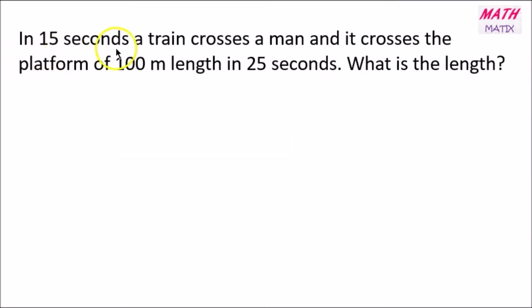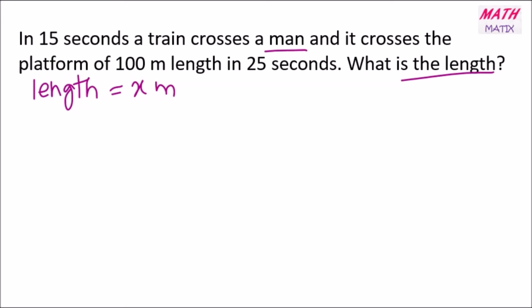In 15 seconds, a train crosses a man and it crosses a platform of 100 meter length in 25 seconds. What is the length of the train? Read this problem carefully. We have to find the length of the train. Let's consider the length of the train to be x meters, and it crosses a man in 15 seconds.